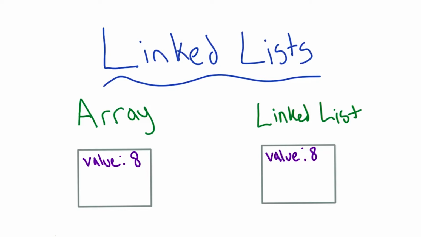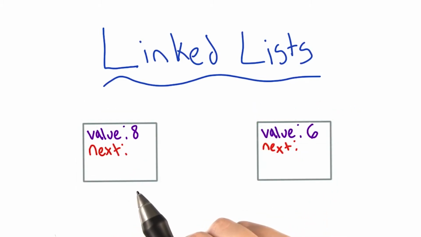Now, in both cases, we store one other type of information, but that type is different. In an array, we would store a number as an index. You can get the next element by querying the array for the element at index 1 in this case. Let's clear this out and focus just on linked lists for now. In a linked list, we store a reference to the next element in the list.